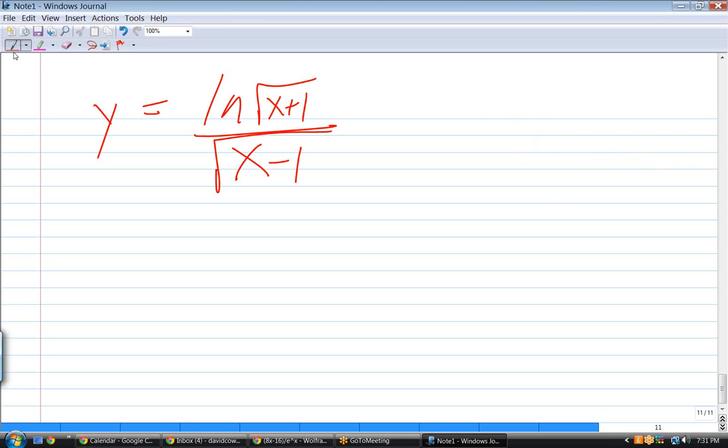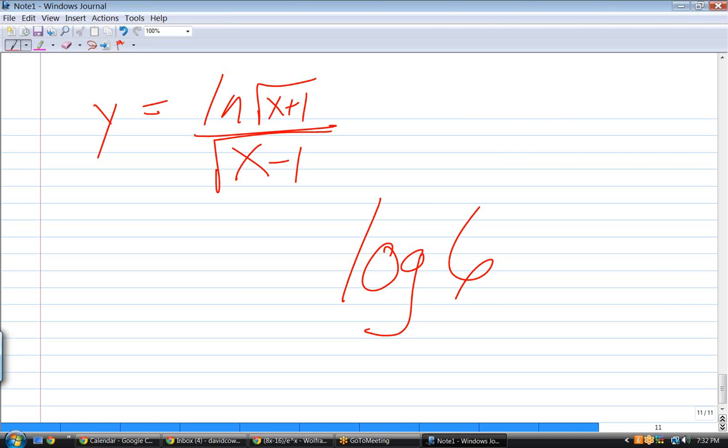Well, we can do this a couple of ways. Actually, the natural log's not on the numerator or the denominator. It's just multiplied in front of the fraction, but I don't know if that matters or not. When you say multiplied, it's really not multiplication. It's like when you say, what's the log of 6? That doesn't mean log times 6.